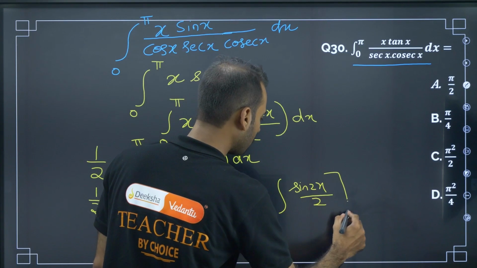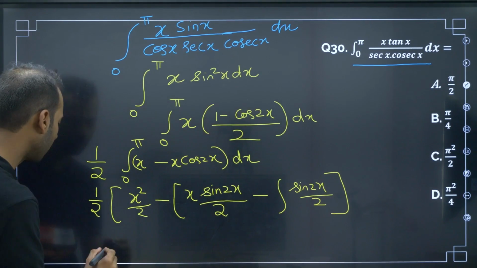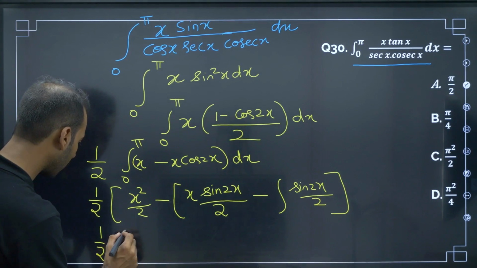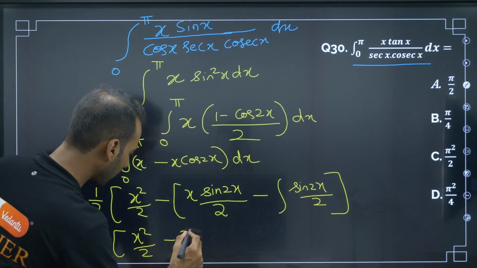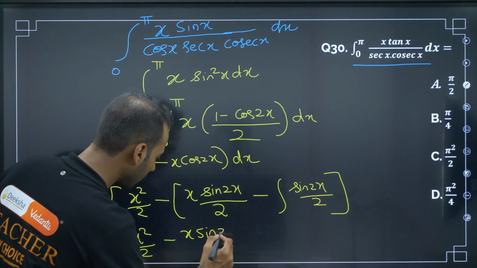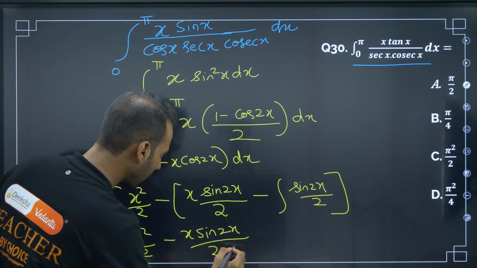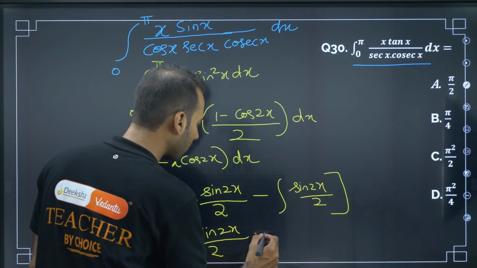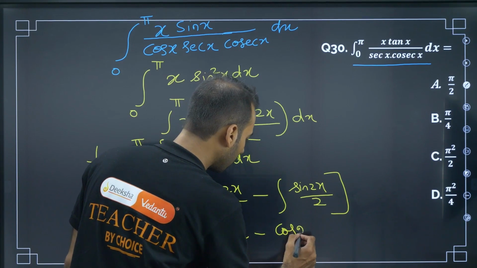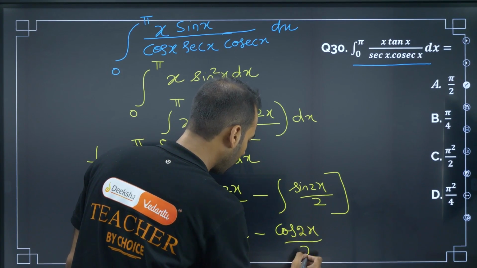Integration of cos is sin 2x divided by 2. 1 by 2, this is out of the bracket. X square by 2 minus x sin 2x by 2 minus this is plus. Integration of sin is negative, so negative cos 2x divided by 2.